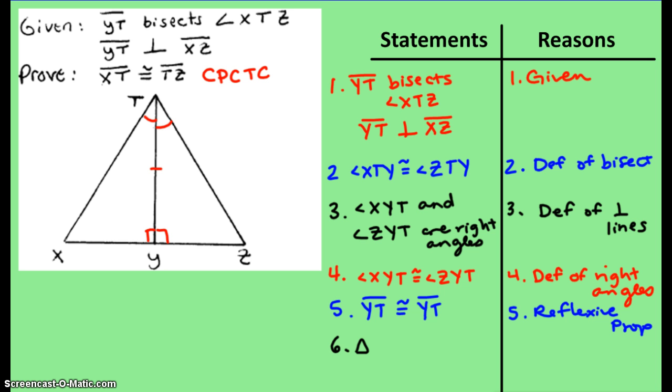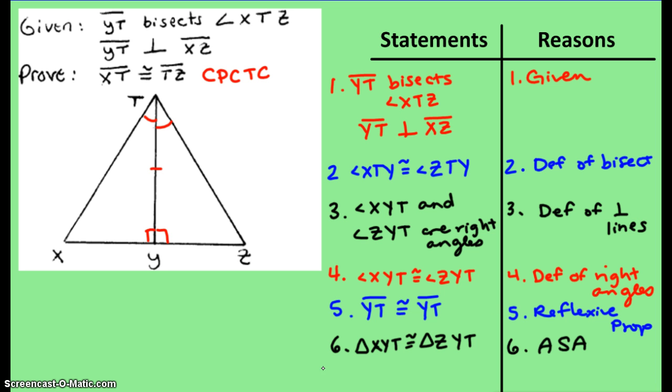We can say that triangle XYT is congruent to triangle ZYT. Okay, remember, order is very important on this one. Now, some of you will try to say HL. Remember that you have to have the hypotenuse congruent to the other. Notice we don't know anything about the hypotenuse here. However, this is angle, side, angle.